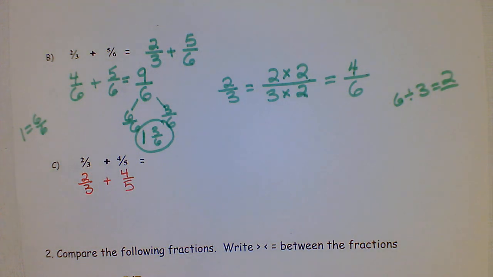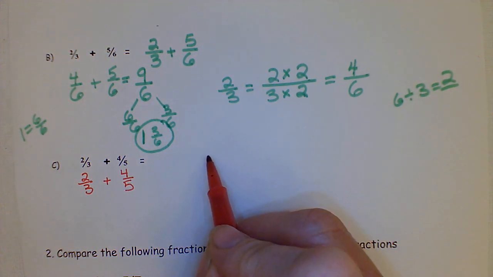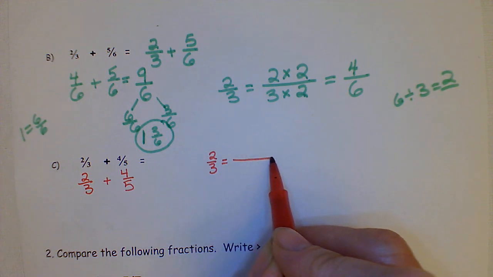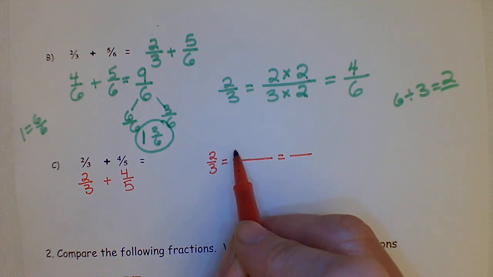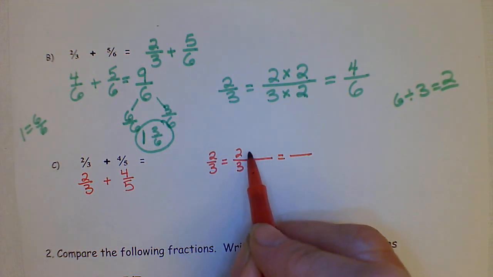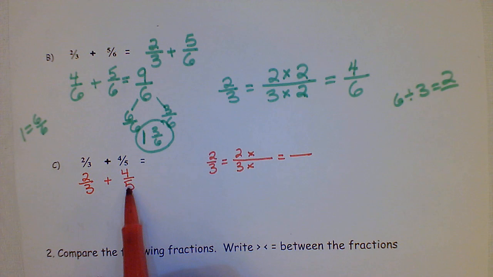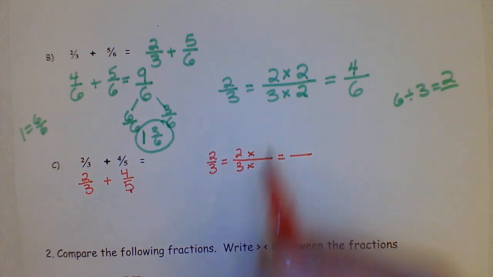So let's first do it for 2/3. So I'm going to take 2/3 and I am going to decompose it. And the way I'm going to decompose 2/3 is by multiplying it by the other fraction's denominator, which is 5. I can see here's my numerator, here's my denominator.